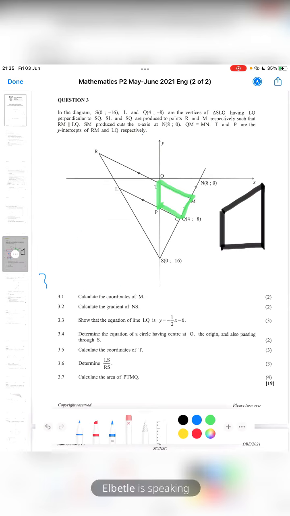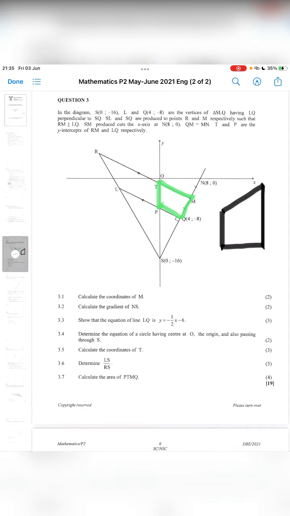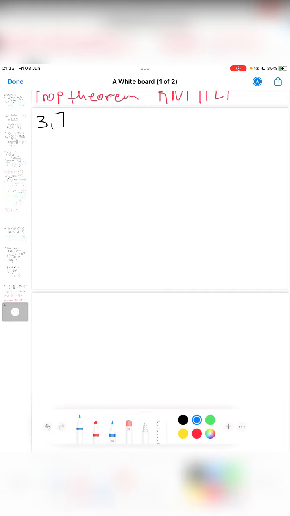Yes, sir. Okay, so now that means you need to know the formula for calculating the area of a trapezium. So the formula for calculating the area of a trapezium, let me just write it there, and I'll just give an example.